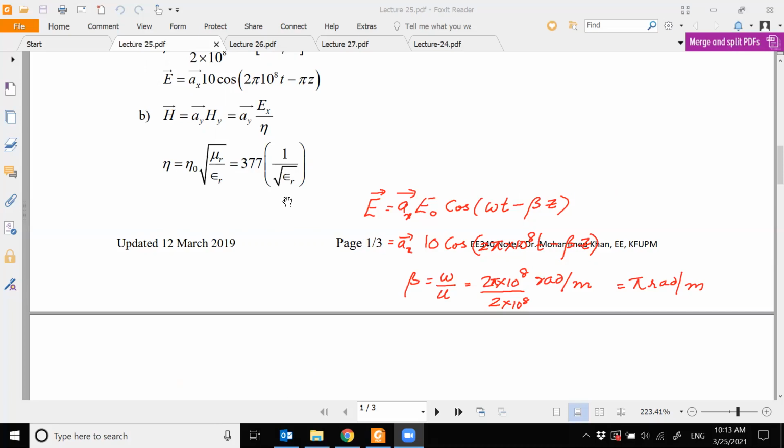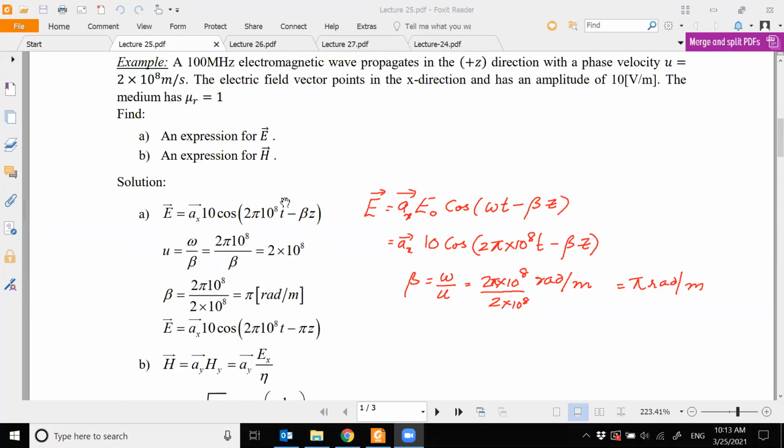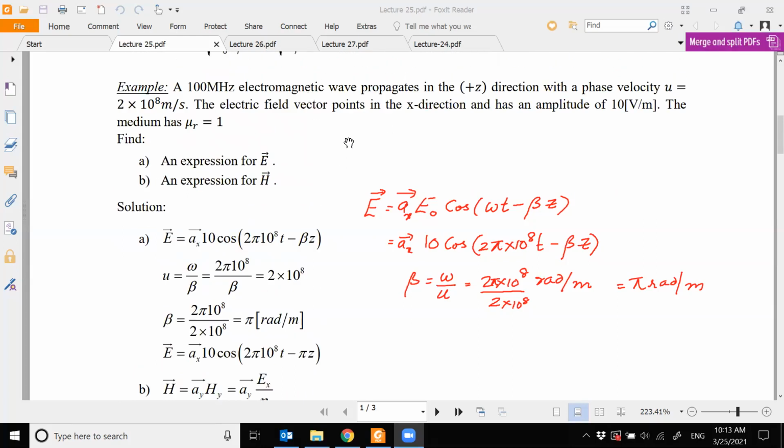This is crucial, guys, because nowhere is it mentioned that our electromagnetic wave is traveling in free space. It is only saying the medium, and it is talking only about a non-magnetic medium.